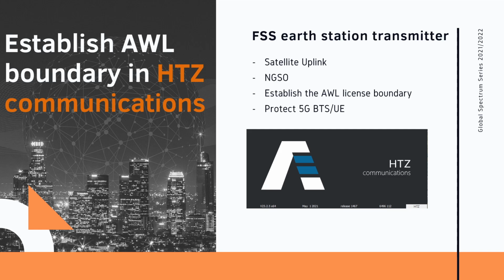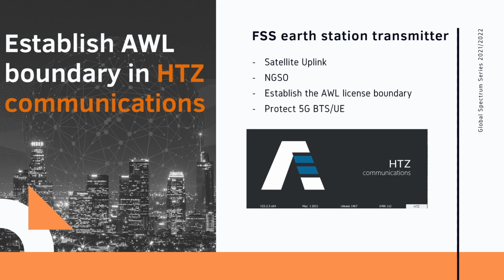In this case study, we have a NGSO, non-geostationary orbit, Earth Station transmitting on the 28 GHz band, which is also shared with the millimeter wave 5G network in the country. The tool used for this use case is HTZ Communications from HDI. So we're going to use that tool to demonstrate how this AWL license boundary is established.